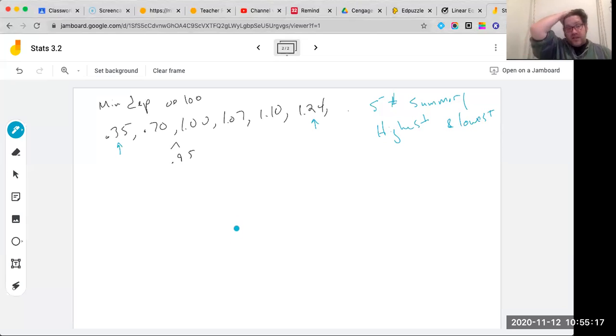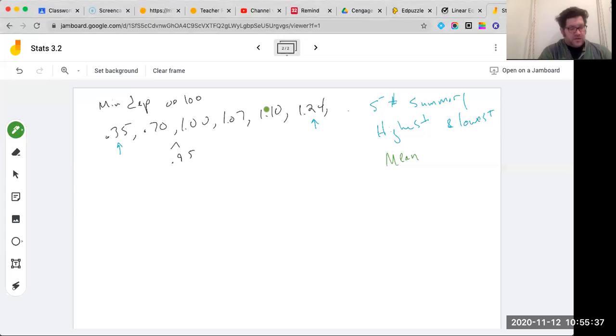The next number is the mean. The mean is the one where we add them all up and divide by the number of numbers. So let's see what that is.